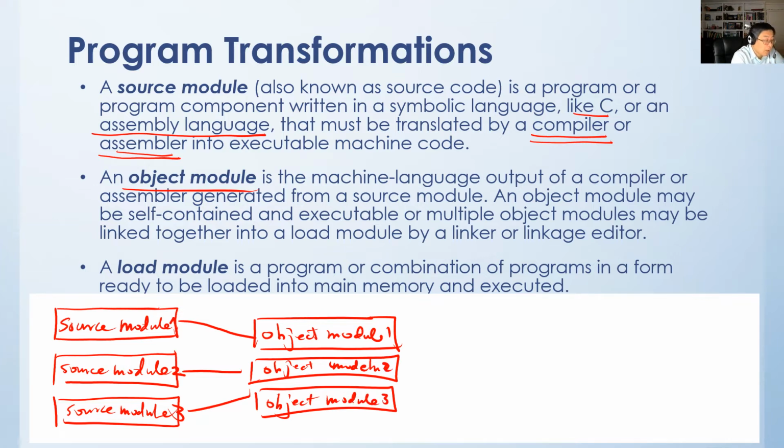Now, an object module could be self-contained, and you can directly run it. But it could also be linked together to create something called a load module. Each object module could be just one small part of the program, so they have to be linked together into a load module.